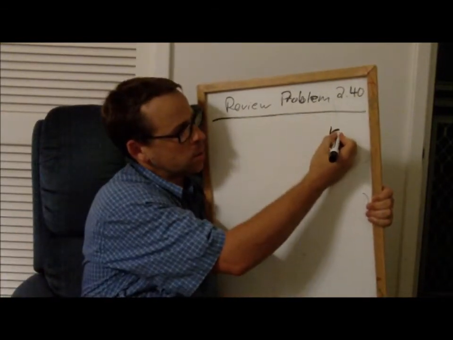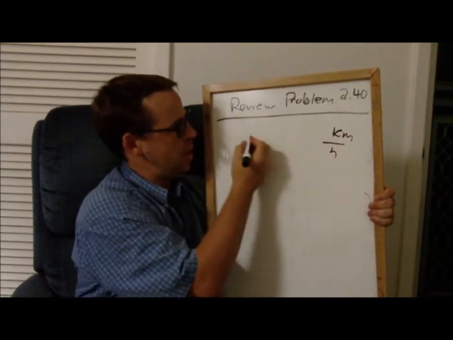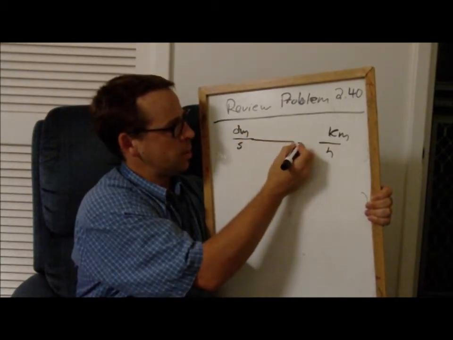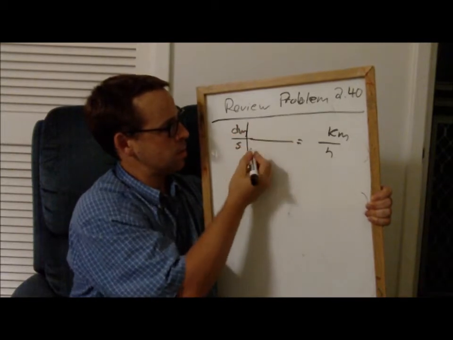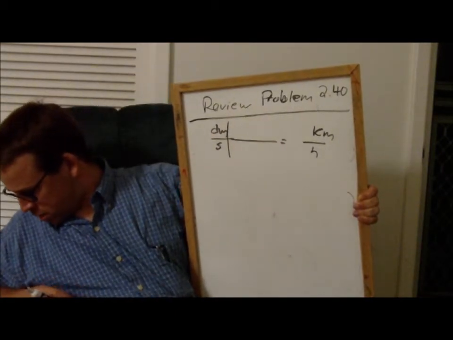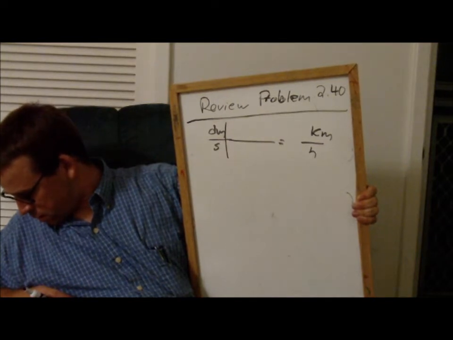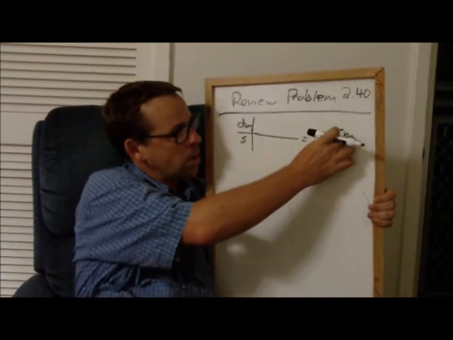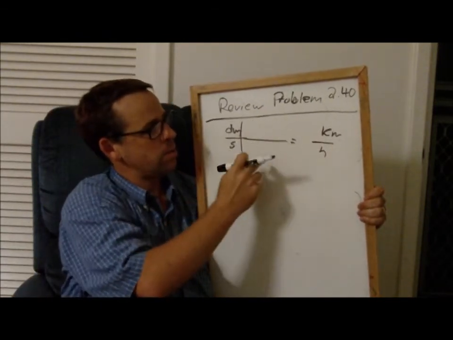We want kilometers per hour, and we have decimeters per second. We put our equal sign, we draw our train tracks. Let's make sure we got this written right: 32 decimeters per second to kilometers per hour. Again, we write our equal sign and our train tracks.